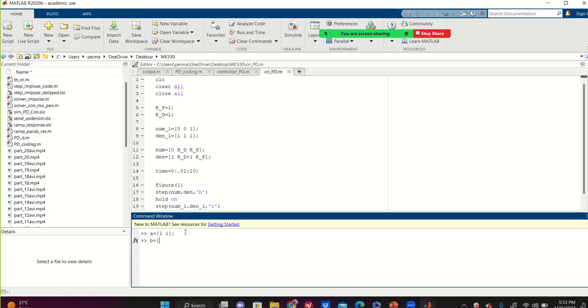Bear with me, I will teach you, okay? B is 1 and 6, C is 1 and 10. D is the convolution of A and B, and E is the convolution of D and C.